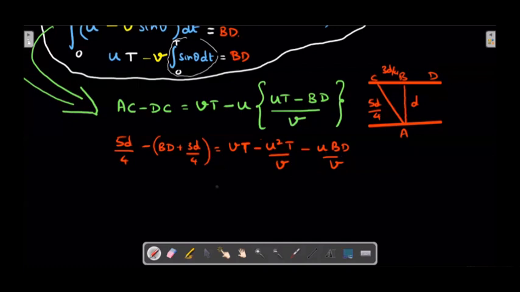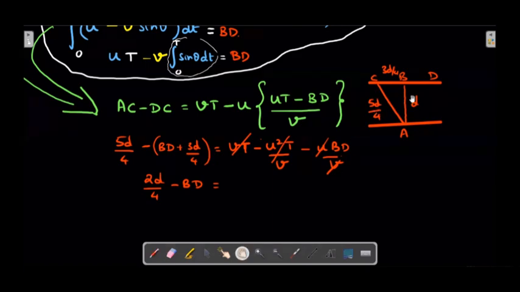So this entire thing would be U of that number, this and this is getting cancelled, and this would be 2D by 4 minus BD is equal to, I think this entire thing will get cancelled. I think I made a mistake with BD or something like that.